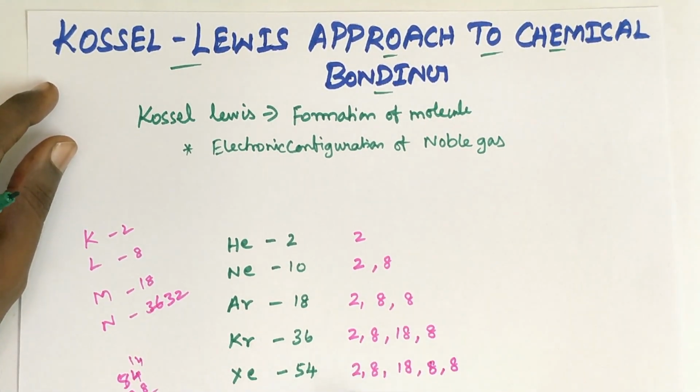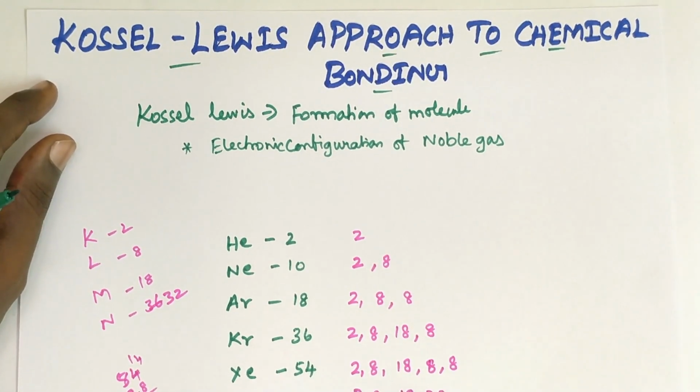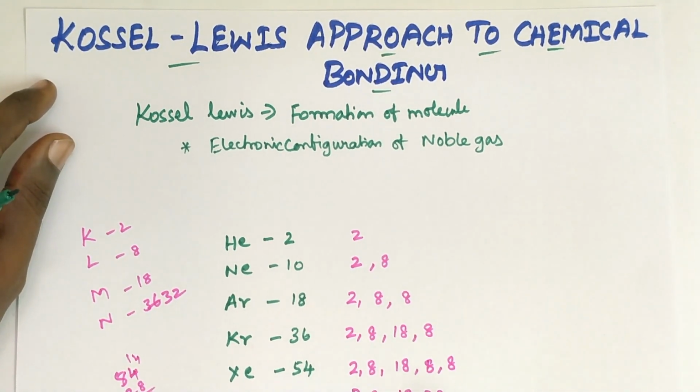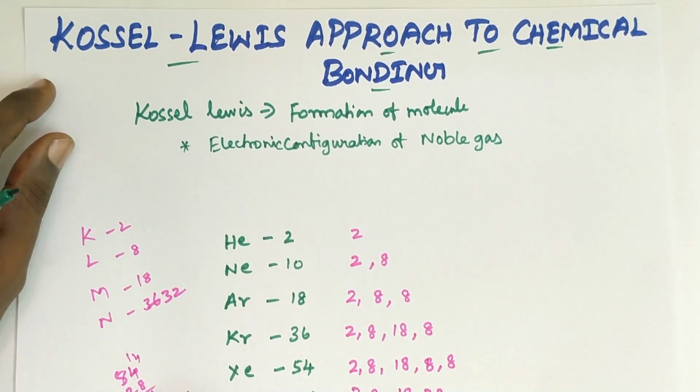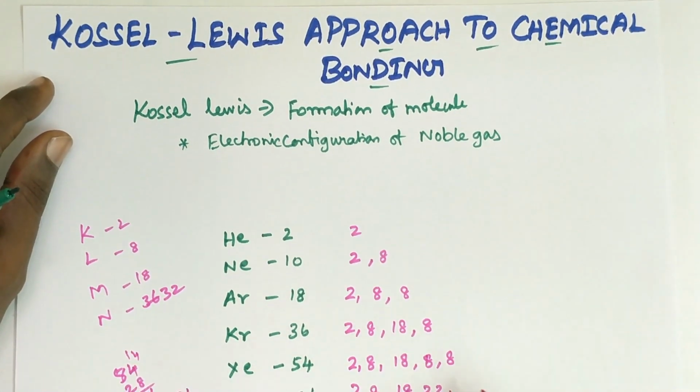In case of radon, 2, 8, 18, 32, which is 60, so out of 86 the balance is 26. This 26 will split as 18, 8.